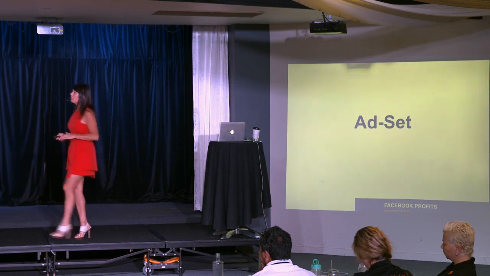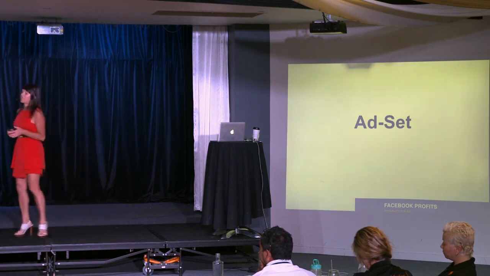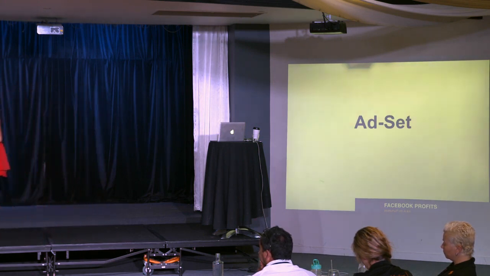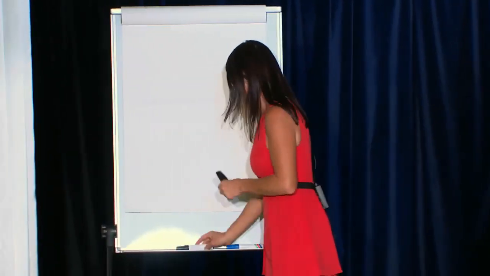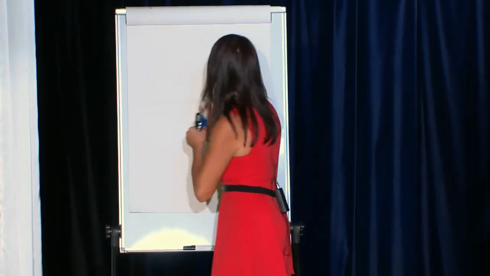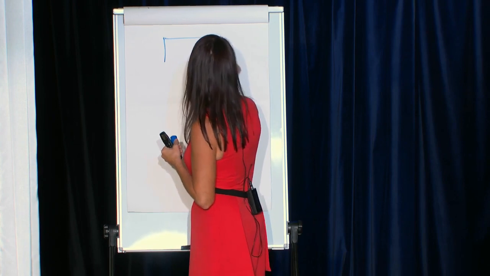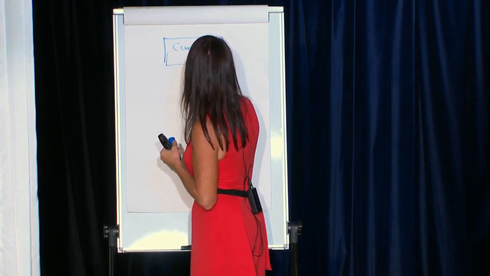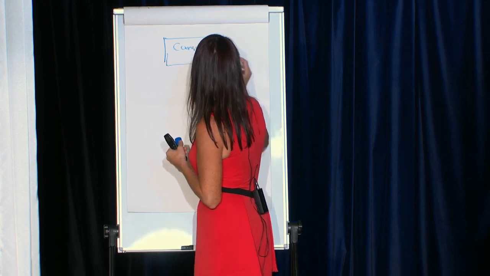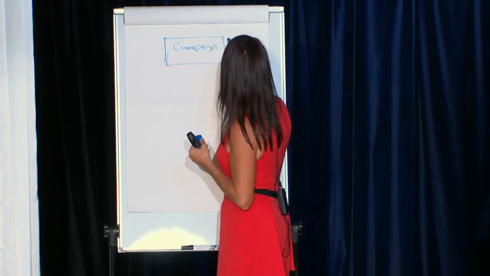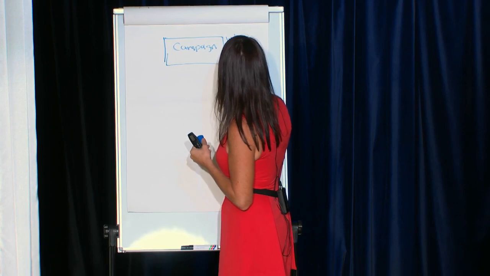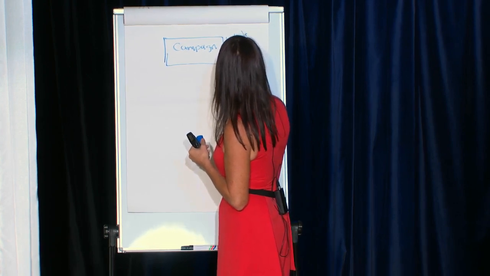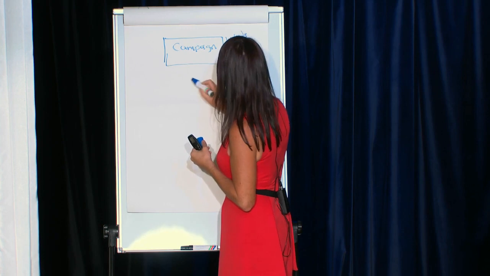So we've got our campaign level, and then we break it down to ad set level. If I'm going to draw this on the board, let's just say website click is my objective here.